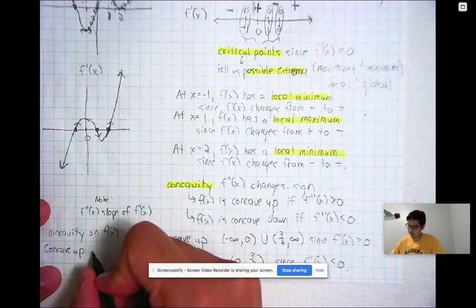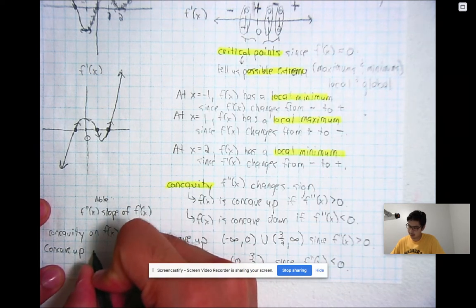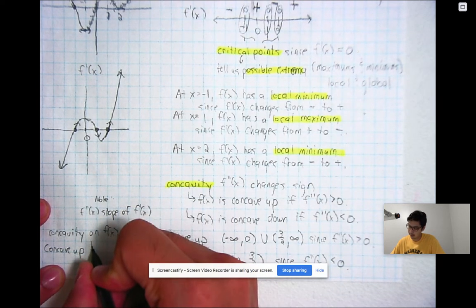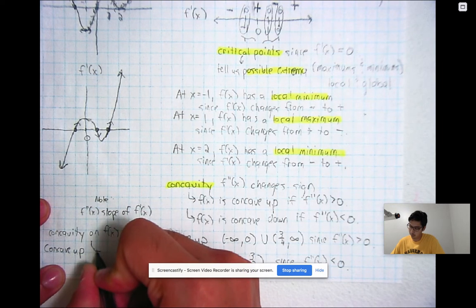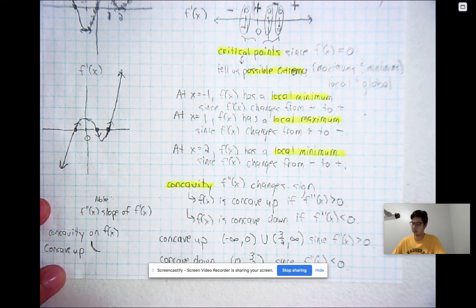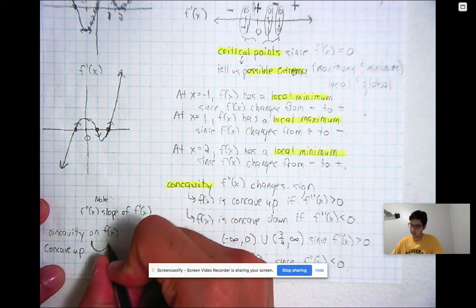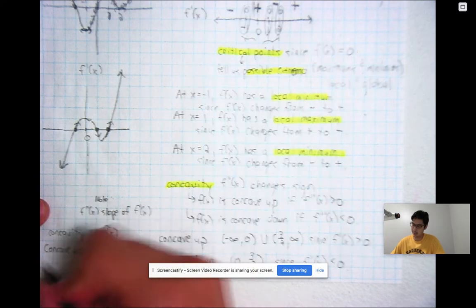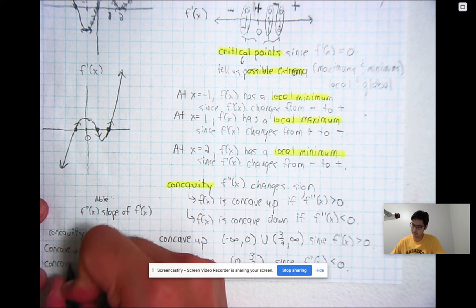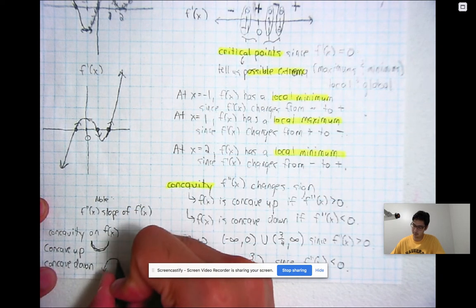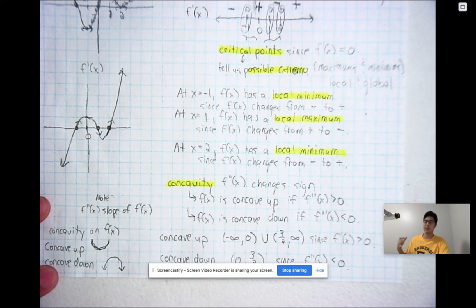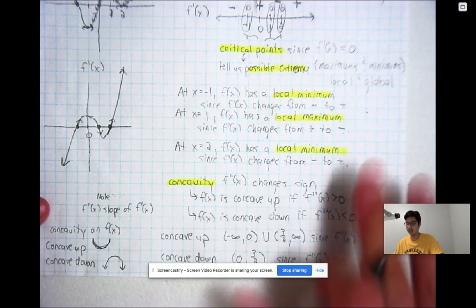And what that looks like on a graph is it kind of looks like anything that has a bowl like it's holding water. Right? Similar. Concave down would be like it's losing water. Right? A curve would be losing water. You can see it up and down.